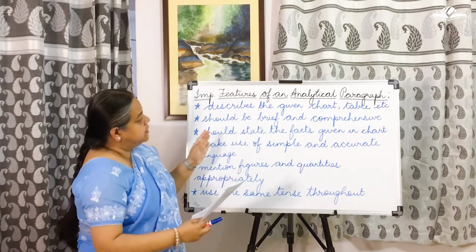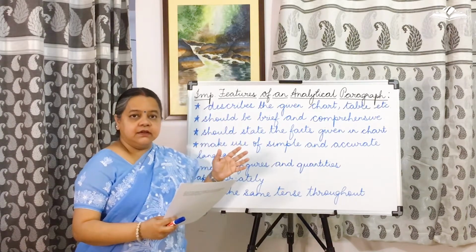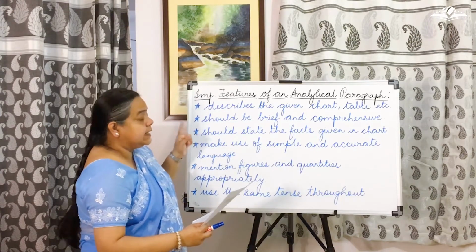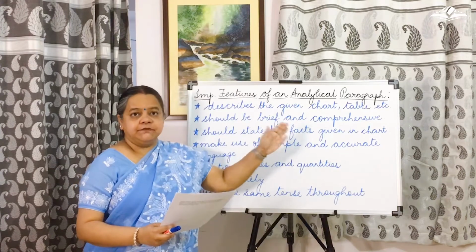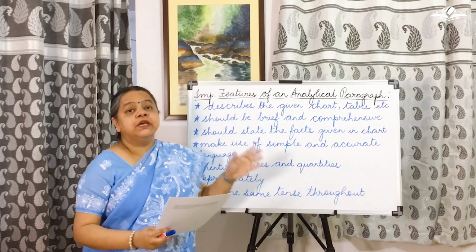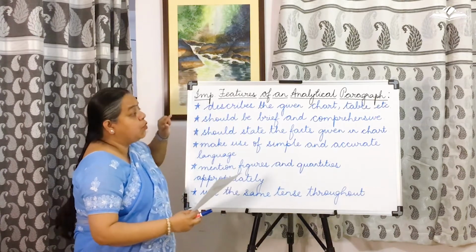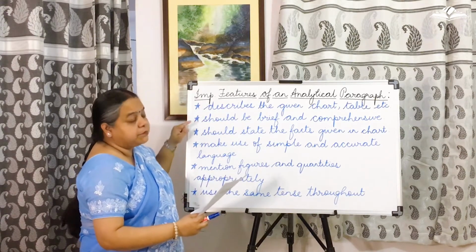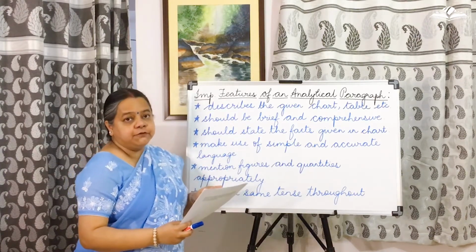Analytical paragraph describes the given chart, table, data, graph, etc. Always remember that the analytical paragraph has to be brief and comprehensive. That means it always has to be to the point. Okay? And at the same time, within that brief and comprehensive passage, you have to cover all the complete information.